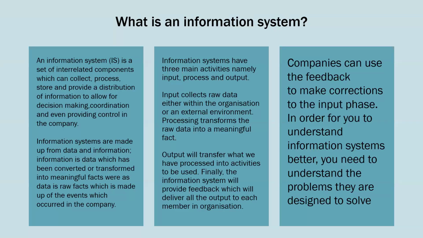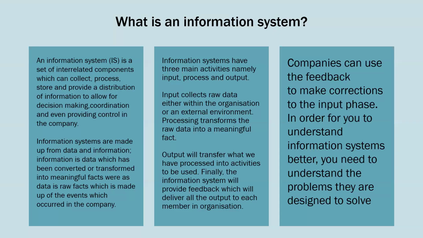It's data, but it's not making sense. So it's just raw facts. But if that raw data is transformed into something that makes sense, then it becomes information. So that's where the difference is. Information is data which makes sense, but data is raw facts made up of events which occurred in the company.